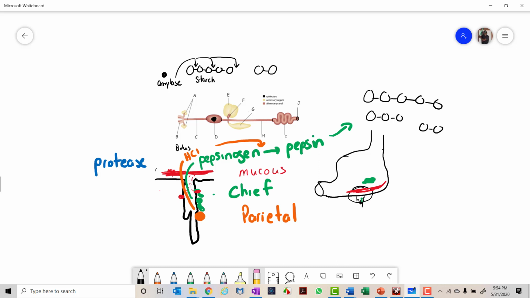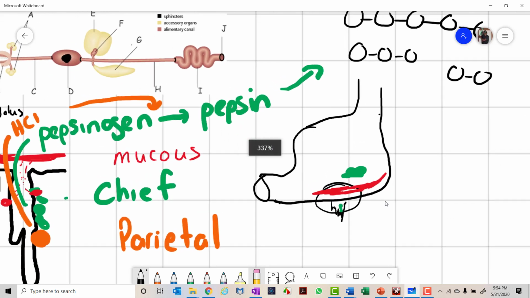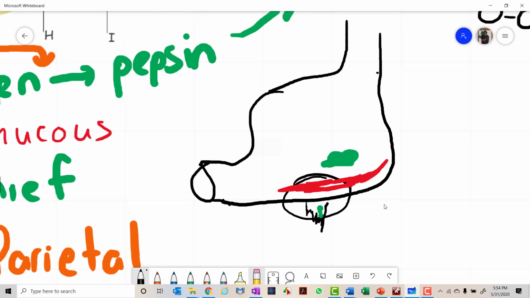It is possible, sometimes depending on your condition, you can auto-cannibalize. So that means, if you take aspirin, or if you're really stressed or some other condition occurs, you might cause your mucus layer here to thin out. And if it thins out enough, then the pepsin will act on the stomach wall.